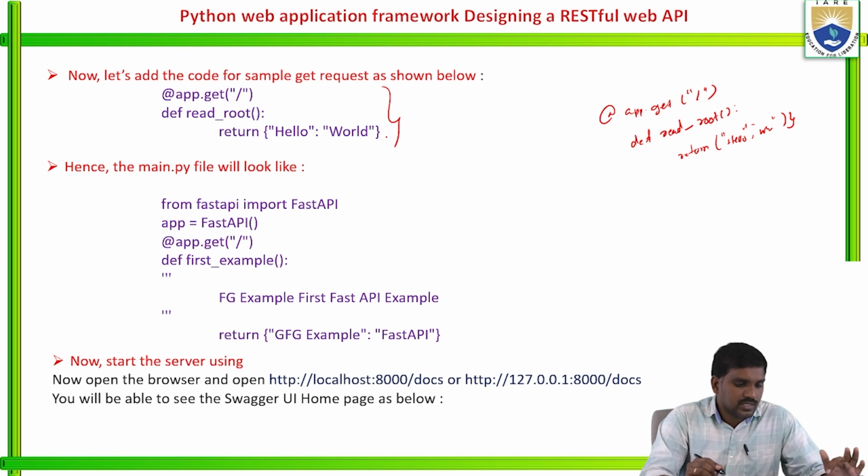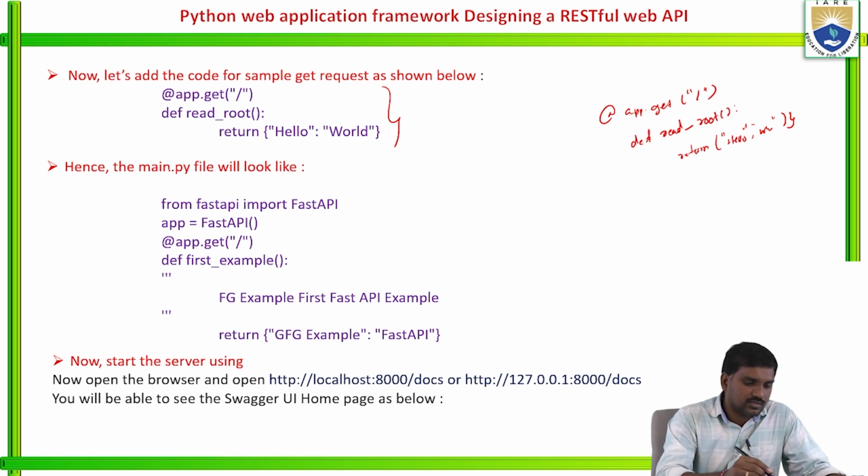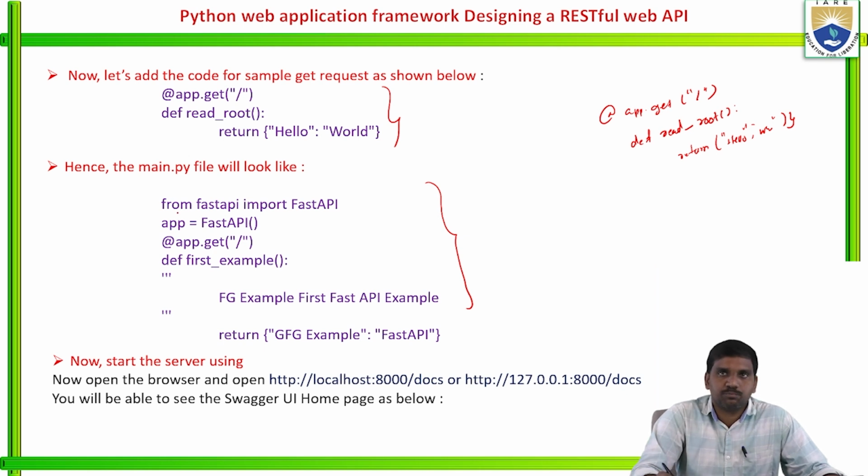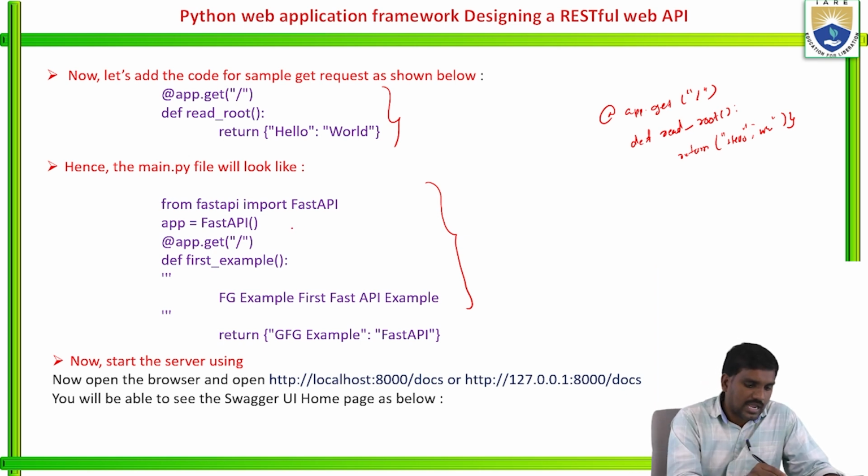Next, the main.py file will look like this. From fastapi import FastAPI, app = FastAPI(), and @app.get for the first example. You can assume this is the first example.